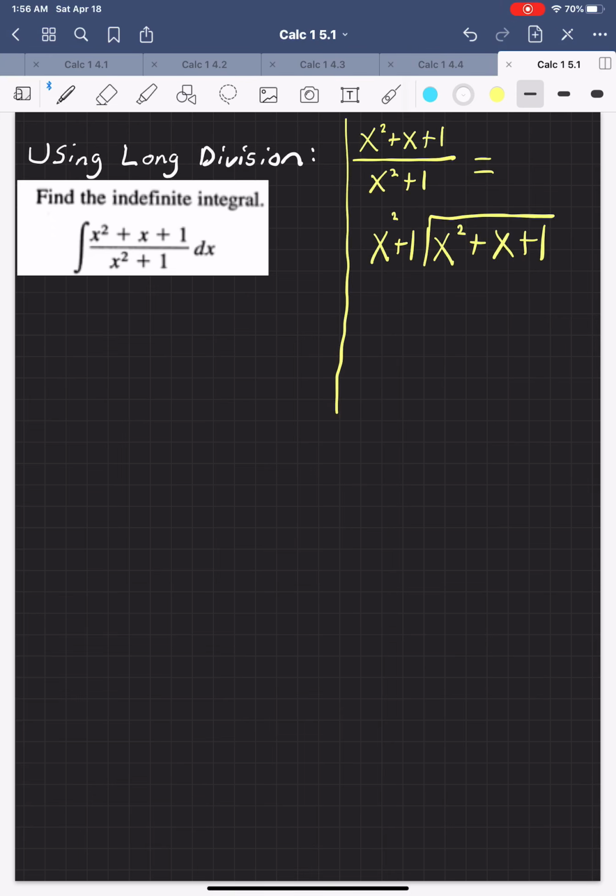So what we have is x squared divides into x squared one time, and then you have 1 times x squared is x squared, then 1 times 1 is plus 1.